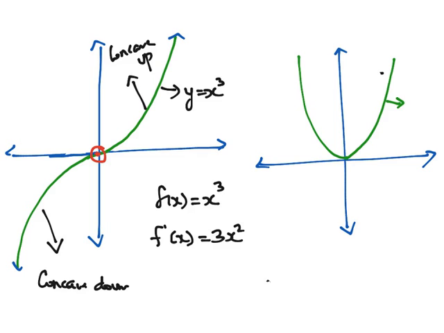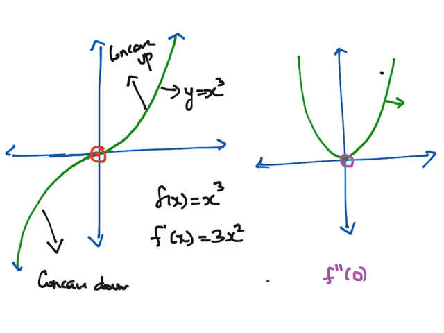Okay, now you can notice something here, students. This is a point of inflection, right? Now what is f double dash of 0? Is it positive or negative or 0?